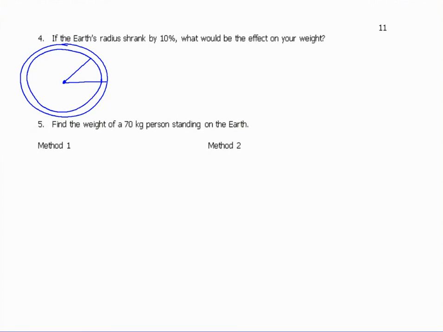What is the effect on your weight? Let's look at the gravity equation here. For the masses, let's say that big M is mass of the Earth and small m is the mass of me. So G times big M times little m over the square of the radius.